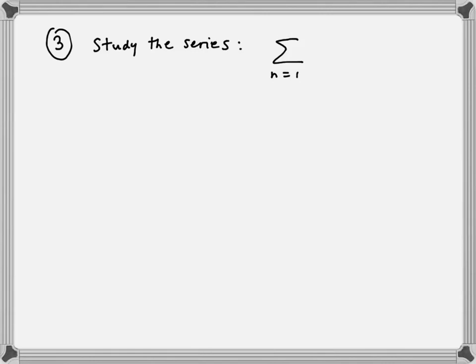Let me actually start this series at 2. Okay, so a natural thing to do here would be to consider that our b_n. So let's let b_n equal 1 over 5 to the n.